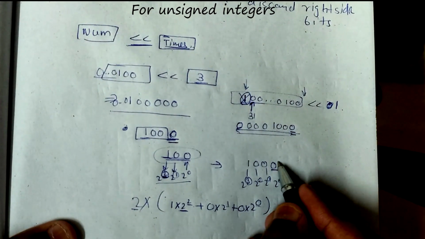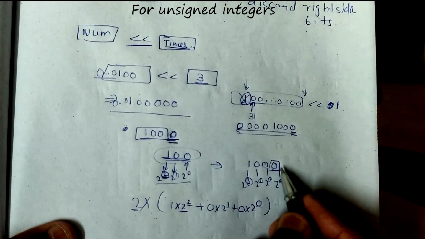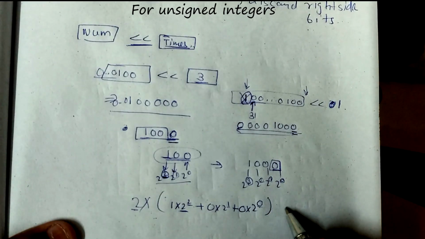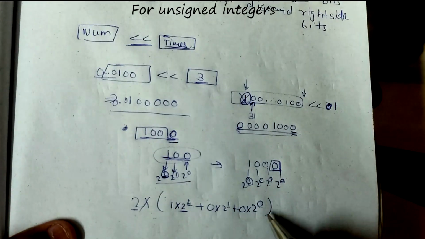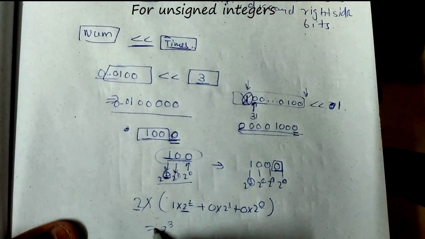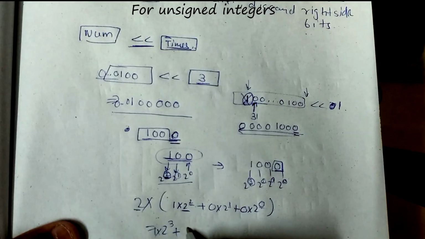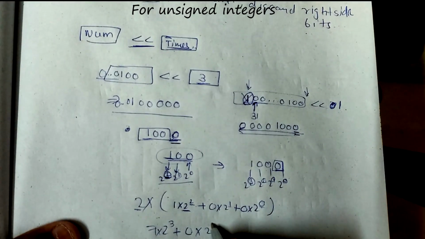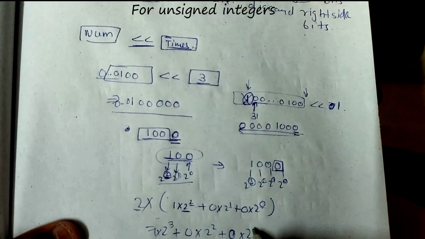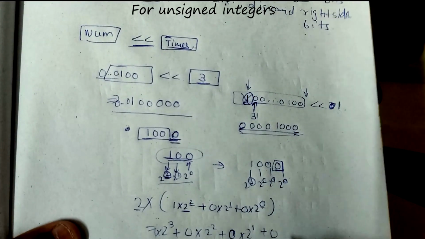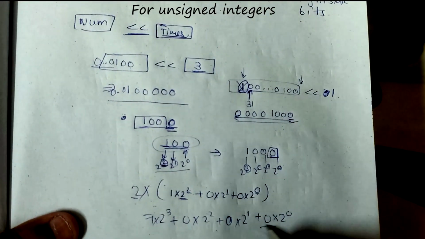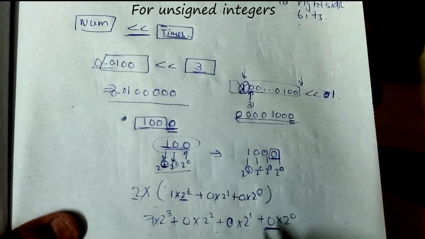And since we are adding 0 at the end, it would become 2 to the power 3 plus 0 into 2 to the power 2 plus 0 into 2 to the power 1 plus 0 into 2 to the power 0. This 0 is the one we added.